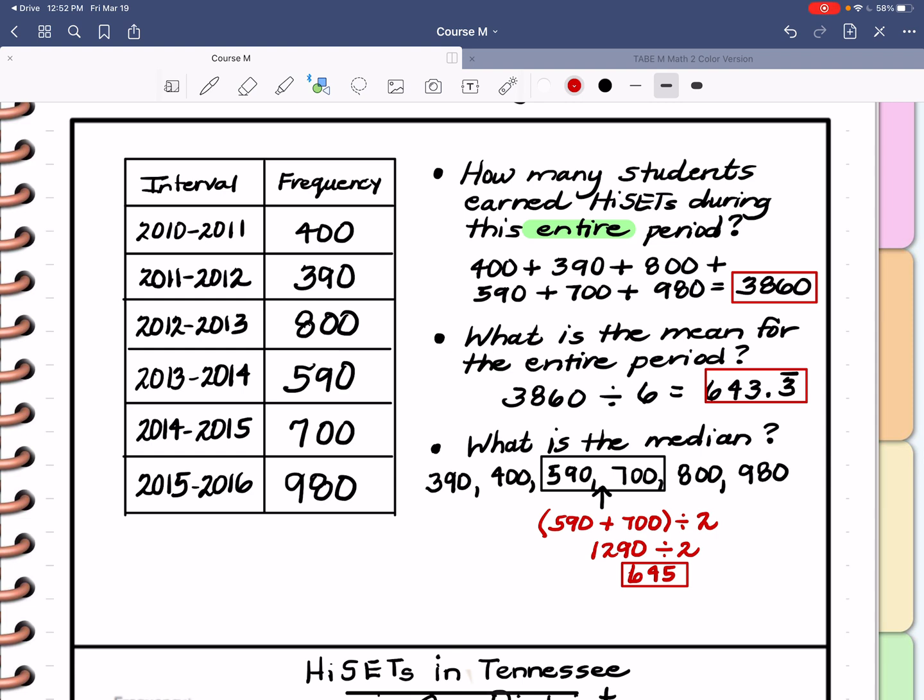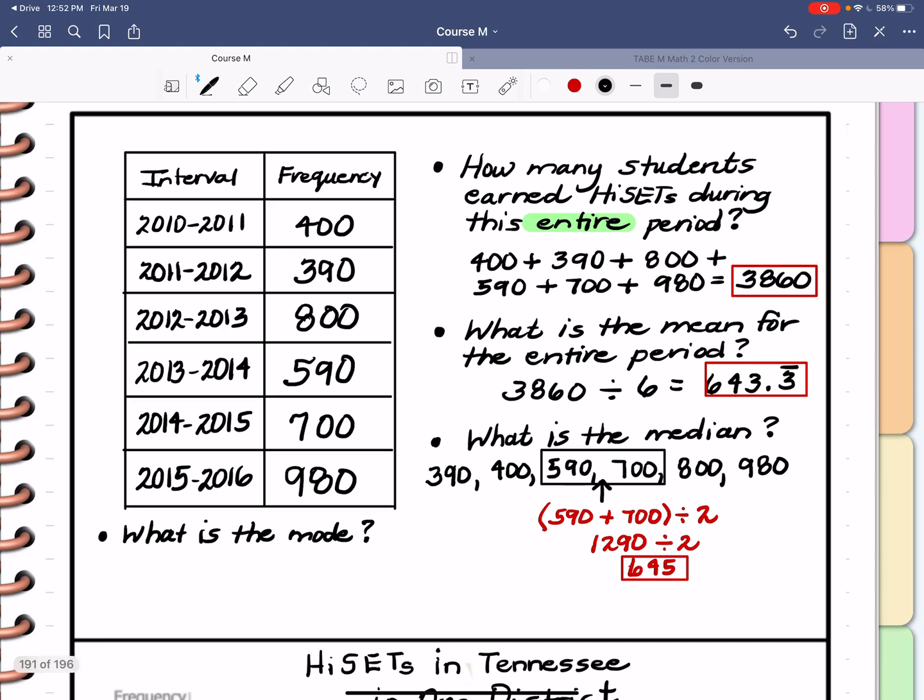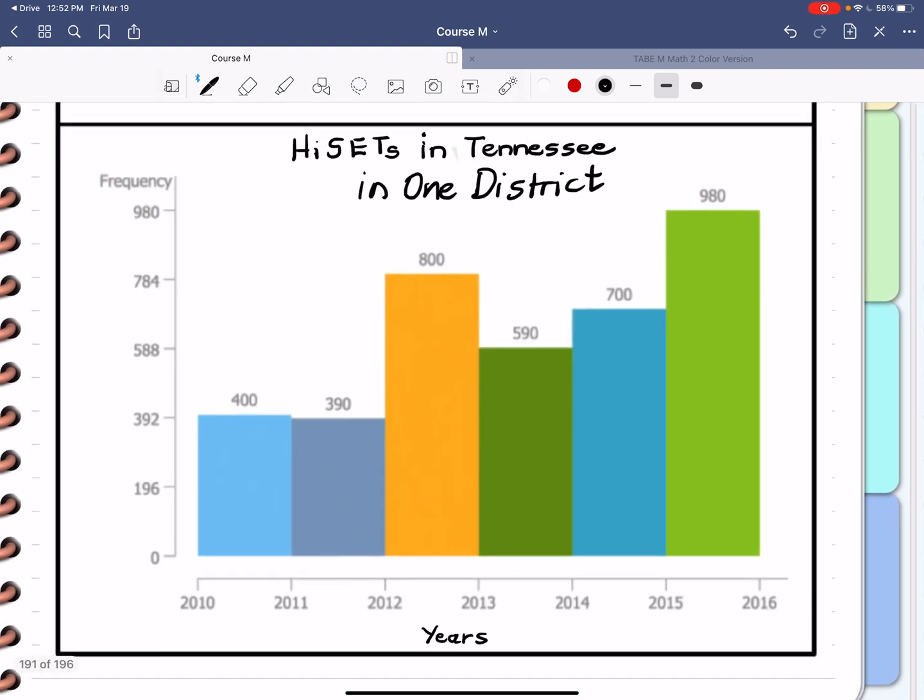You know what I'm going to ask you next, I bet. What is the mode? Now be careful. The mode is not the biggest one. The mode is the one that you see the most. So let's look at our bars this time.